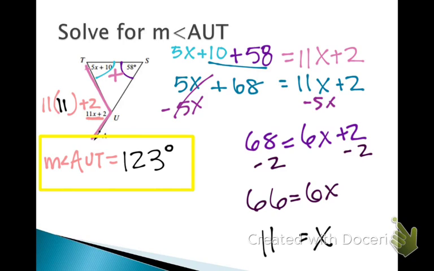AUT. So that's the outer angle. You could have also plugged it into this angle up here. You would have gotten 5 times 11, which is 55, plus 10 is 65, plus 58 still makes 123. So either way you had done it.